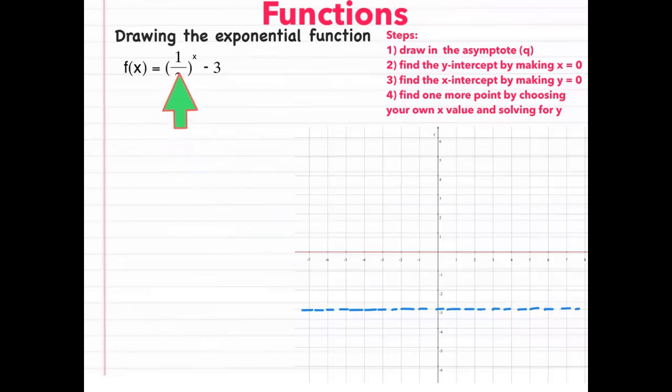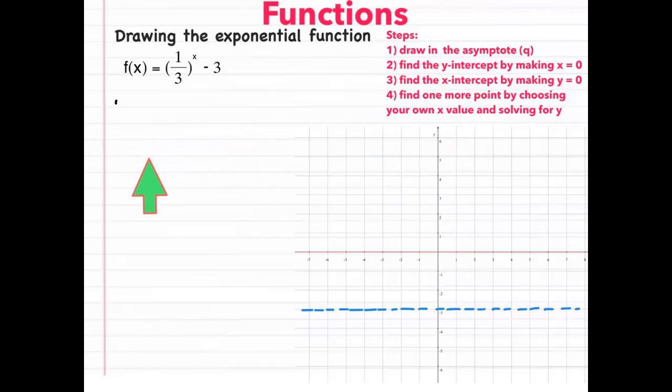That is what the b means when it is a fraction greater than 0 but smaller than 1. So I know the shape will look like this. It will go through my x-axis and my y-axis. And so my job is now to find my y-intercept and my x-intercept.